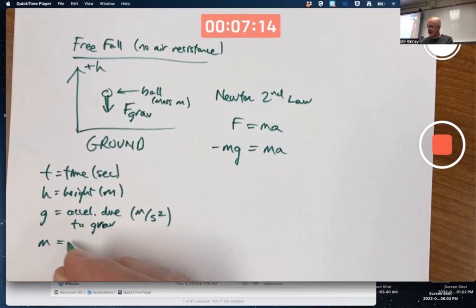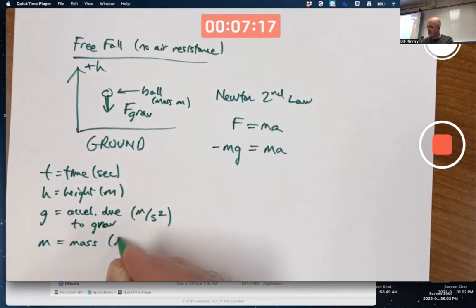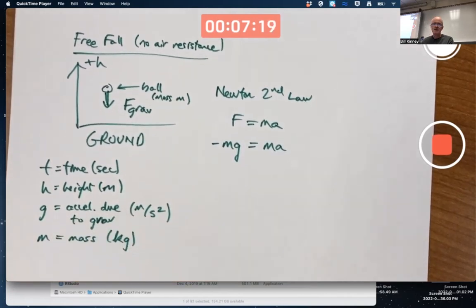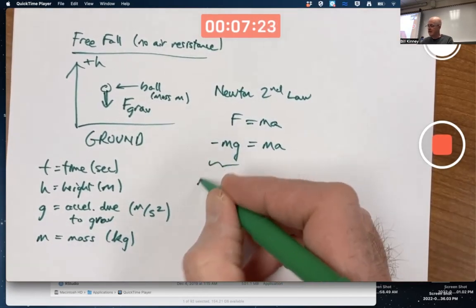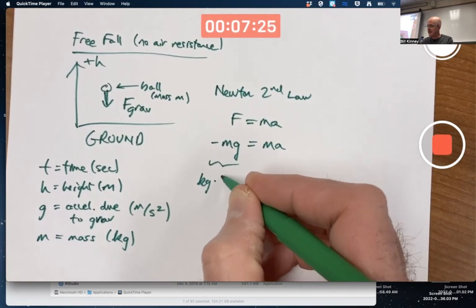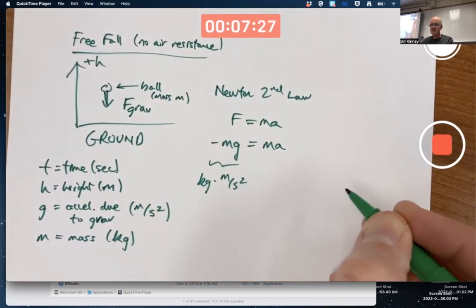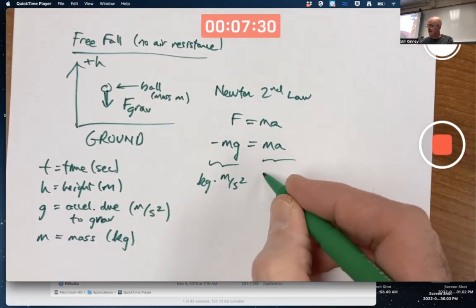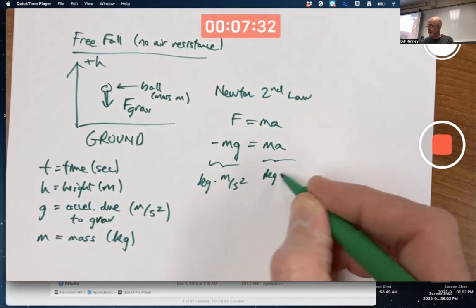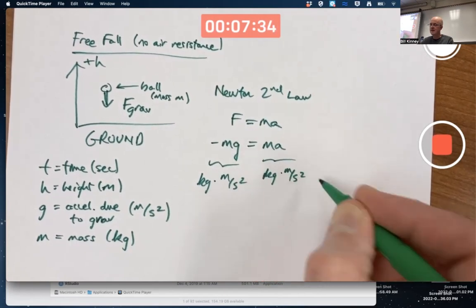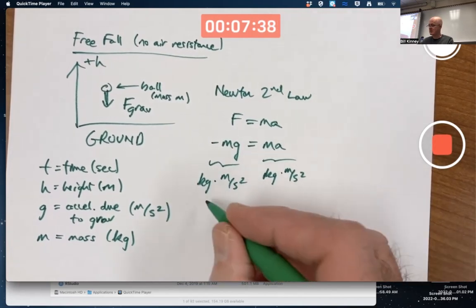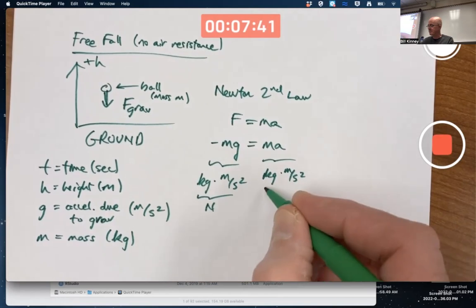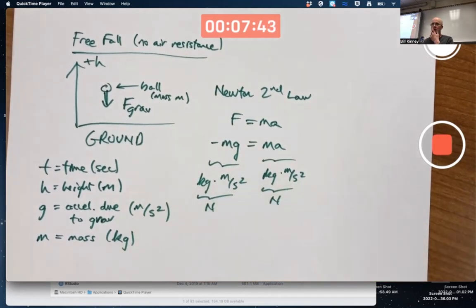And the mass is m, and that in standard units would be kilograms. So thinking about the units on both sides, here the units are kilograms times meters per second squared. And here the units are the same, kilograms times meters per second squared. These units actually simplify to just something called newtons. Capital N for newtons, or sometimes written NT, but I'll just write a capital N.